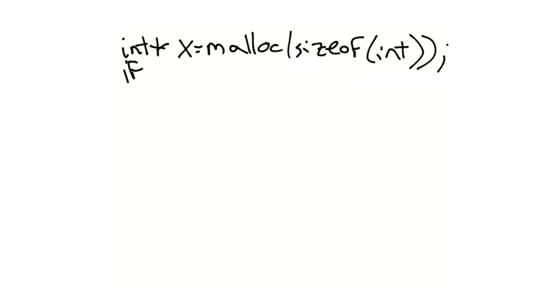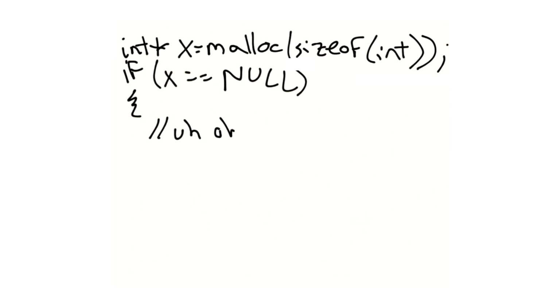If x == NULL, return. Else we can continue on and say *x = 4.